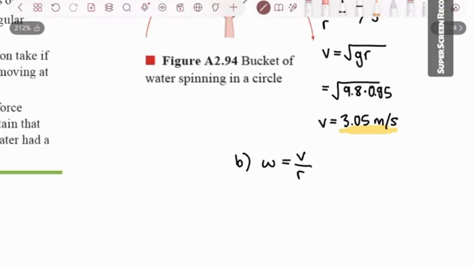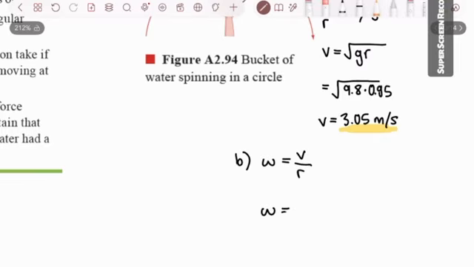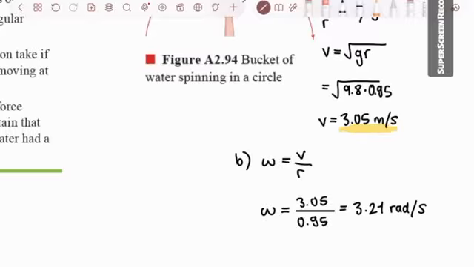And since I've already calculated v in the previous question, I could just plug those numbers in as 3.05 divided by 0.95, and this would give me 3.21, and the unit on omega is radians per second, as it's angular speed. That's where the radian comes from. And this is the answer for part B.